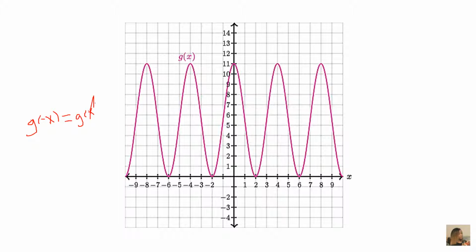So we see that if we reflect or were to fold this graph in half and overlap, you would have a symmetry, and therefore this function is symmetrical over the y-axis. Therefore, it's even because of this fact also.